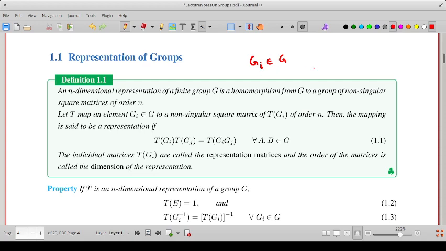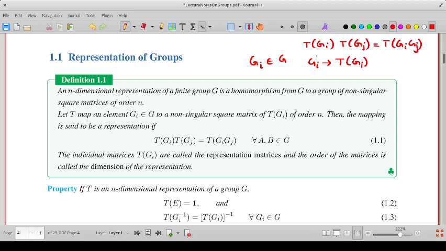Suppose we are able to assign to each element Gi of the group G a non-singular square matrix Tgi of order n, which satisfies the following condition: for any two elements Gi and Gj of the group, Tgi times Tgj is equal to Tgigj.